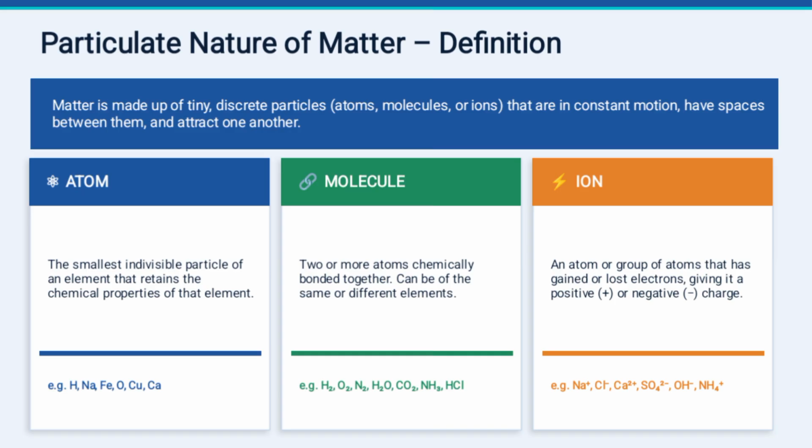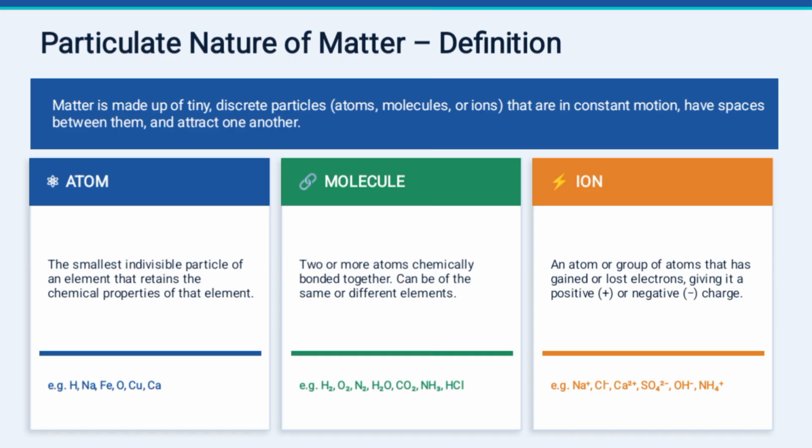And when you have substances that have a negative charge on them, like Cl-, that means it has gained 1 electron, or OH-, SO4 2-, signifying that they have gained 1 and 2 electrons respectively.